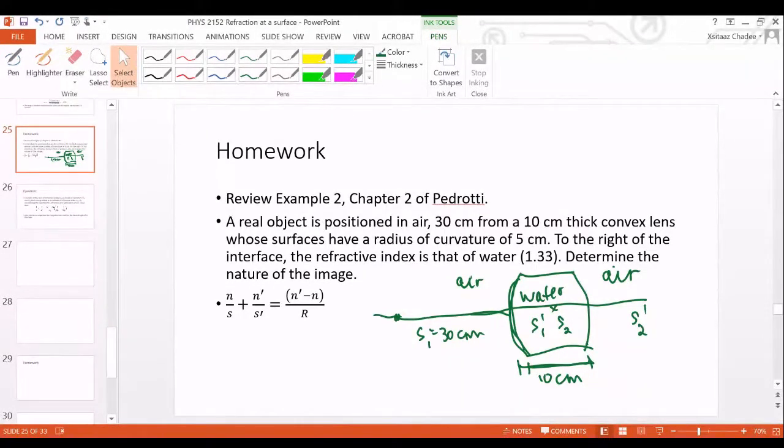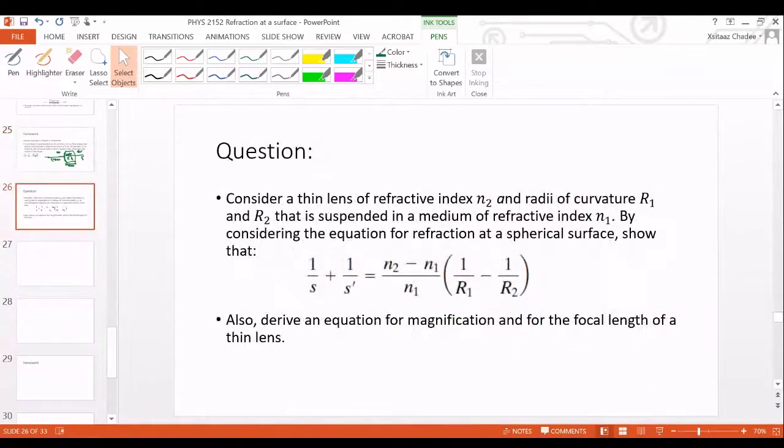And then a rather more interesting part, at least for me, is to show that if you have a thin lens of refractive index N2, with radii of curvature R1 and R2, suspended in a medium of refractive index N1, the thin lens equation is given by 1 over S plus 1 over S prime equals (N2 minus N1) divided by N1, times (1 over R1 minus 1 over R2).